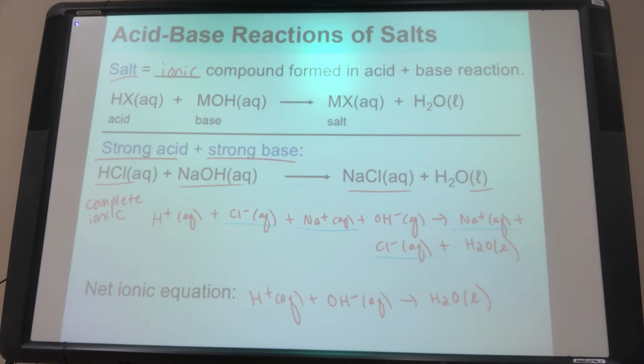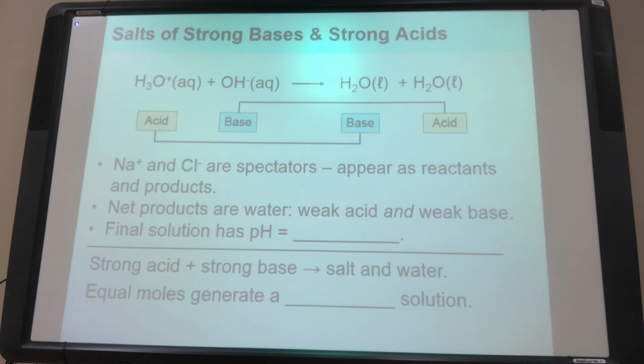Now, let's look at what's actually happening with this net ionic equation. In my net, we said it was H+ plus OH- goes to water, right? But it's all in water because this guy is aqueous and he's aqueous. And remember, if H+ is in water, it's the same thing as saying H3O+. And if it's all in water, I have a lot of water. So I could actually write a second.